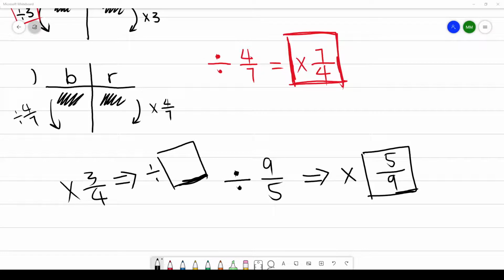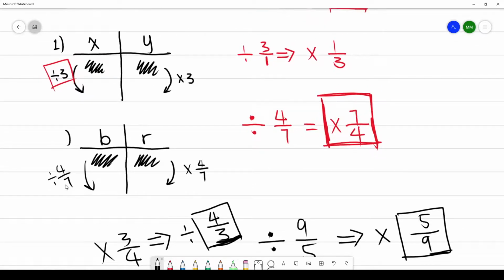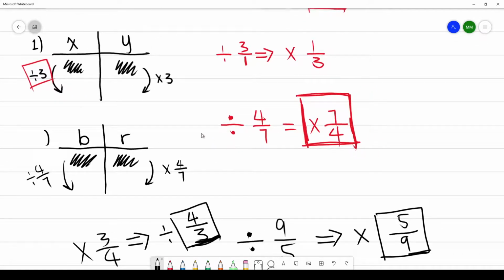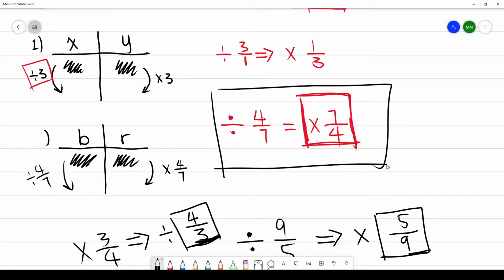Good job. See? Just flip it around from one way to the other, and from the other back to multiplication. Same thing. You just flip the numbers around. So do you see why dividing by 4/7 is the correct answer? It is correct. You're right.